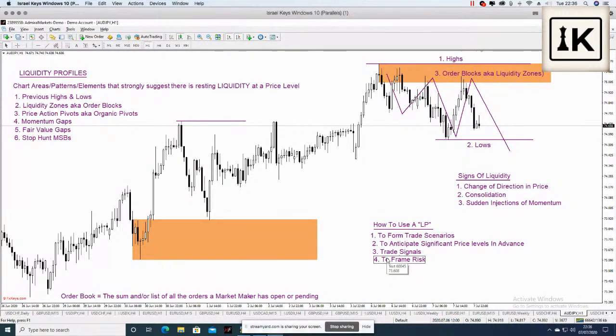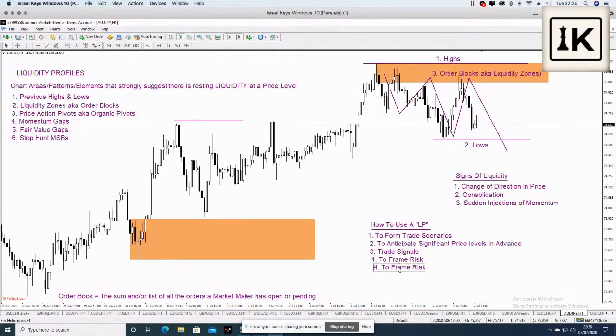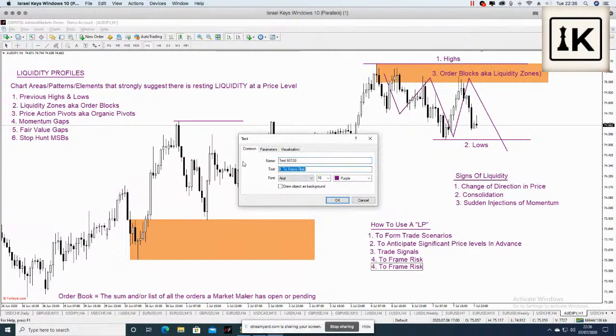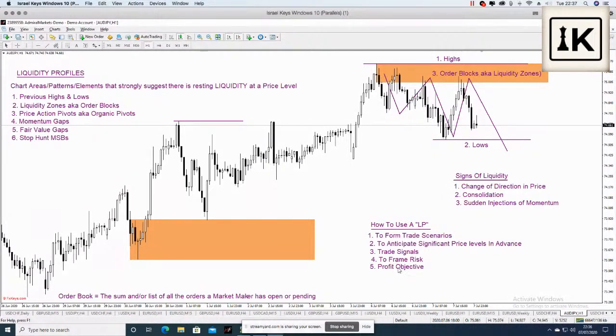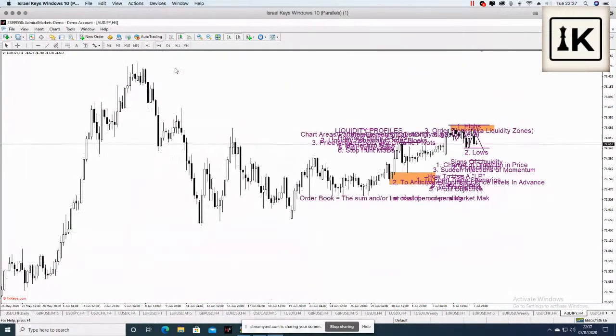number 5 is as a profit objective. So for instance, if you got in this trade down here and you were going up and up and up and up and up, if you knew that from the past, look here, there's another block there on the 4-hour chart.